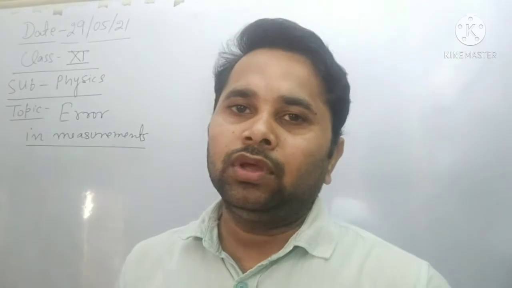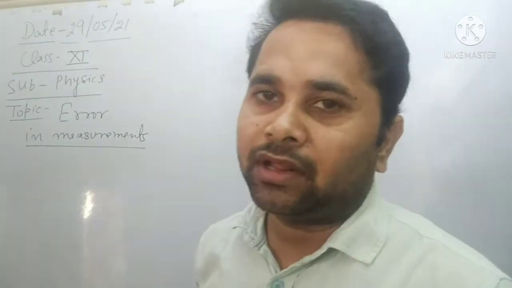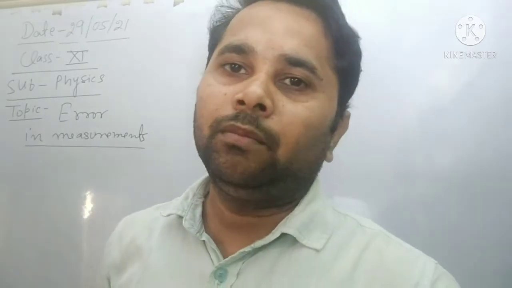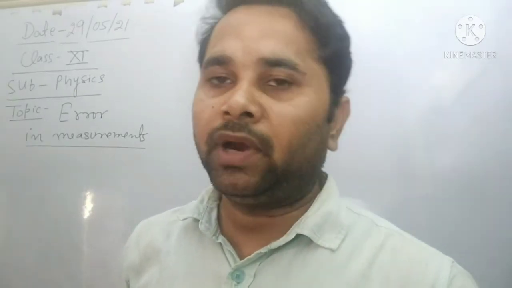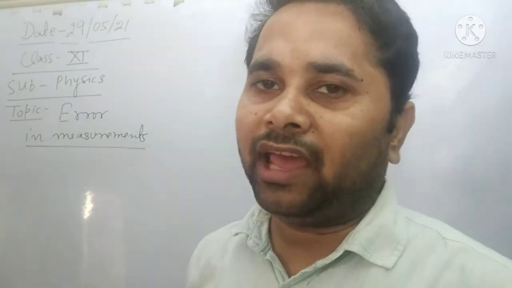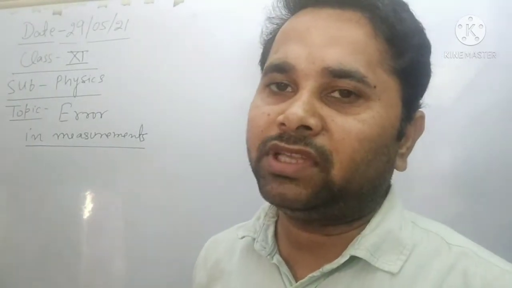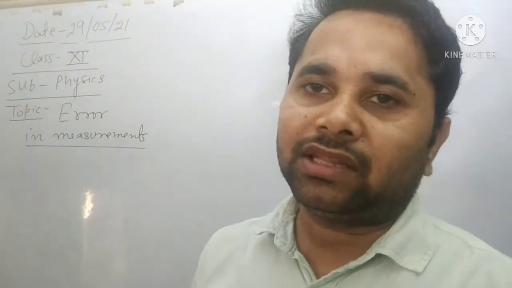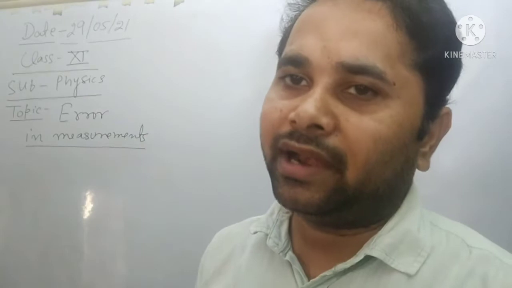I told you the random error cannot be eliminated from your measured value, but the systematic error you can remove. You can eliminate the systematic error from your measured value. So today we will see the method to minimize the random error.